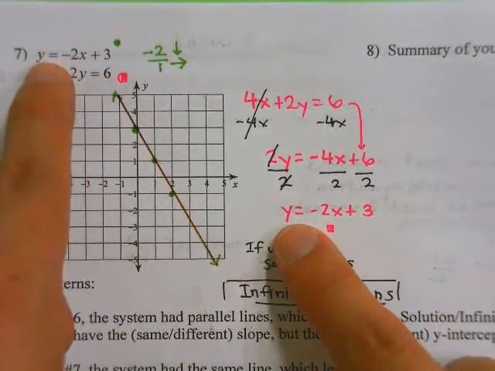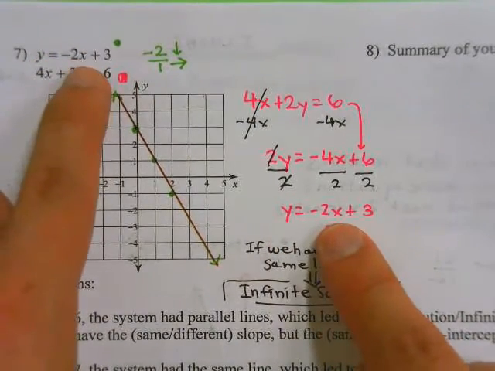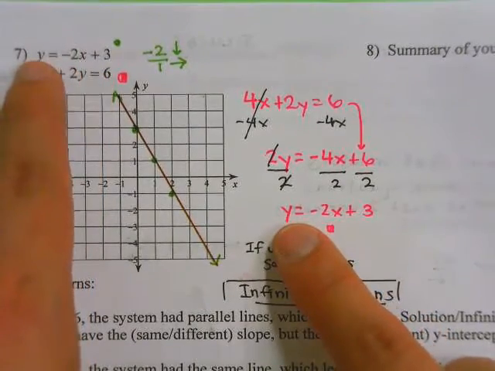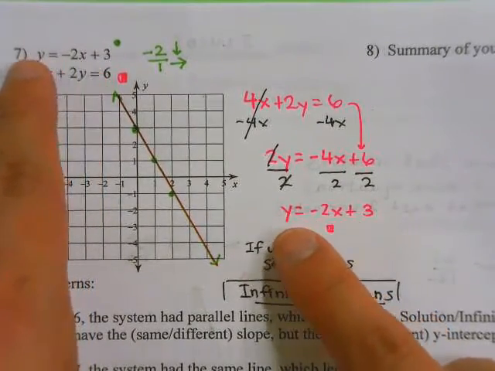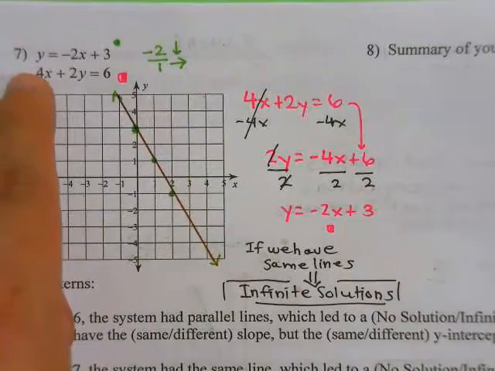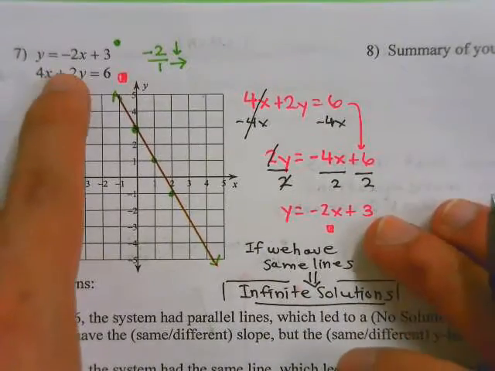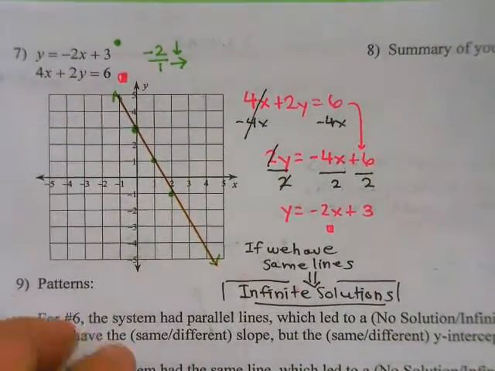So both of them are going to come out with 3. If you plug in the same x value, maybe 1, you'll get the same y value. If you plug in -1, you're going to get the same y value. So now it doesn't matter what you plug in. You have so many solutions to work with. So many x's will work for you. So this is why it's infinite solution, because this is the same line.